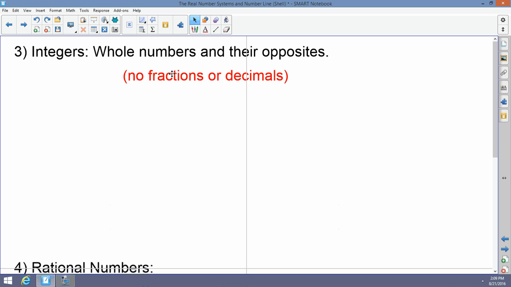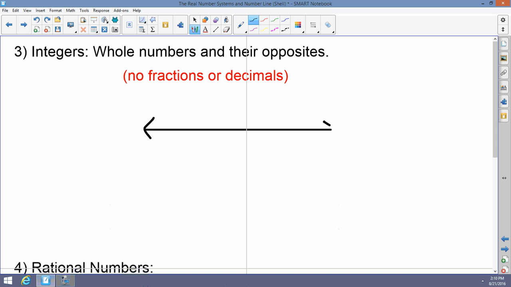As far as creating a number line for integers, we have to place arrows on both ends of the number line. So in this case, we draw our line, but this time we want arrows on both ends of the number line because integers are going to go both to the right of 0 forever, representing all of the positive integers, and they're going to go to the left of 0 forever, representing the negative integers. So you would place your 0 here in the middle when we're dealing with a number line for integers.